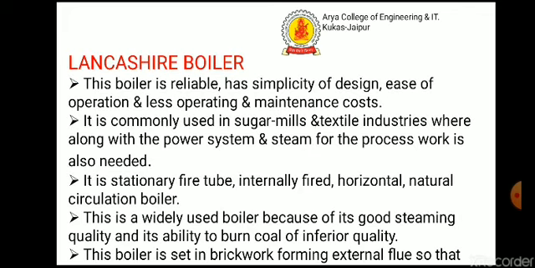The boiler is reliable because of simplicity of design, ease of operation and less operating and maintenance cost. Next, it is commonly used in sugar mills and textile industries where, along with the power, steam for the process work is also needed.